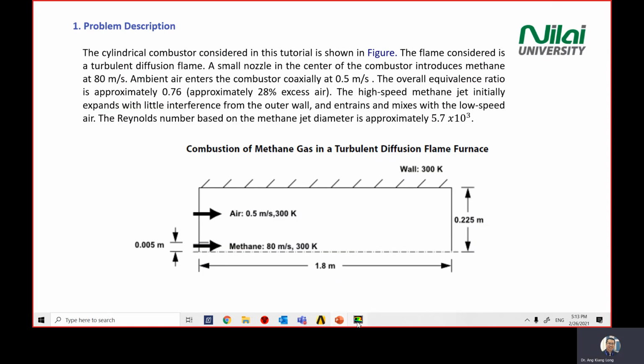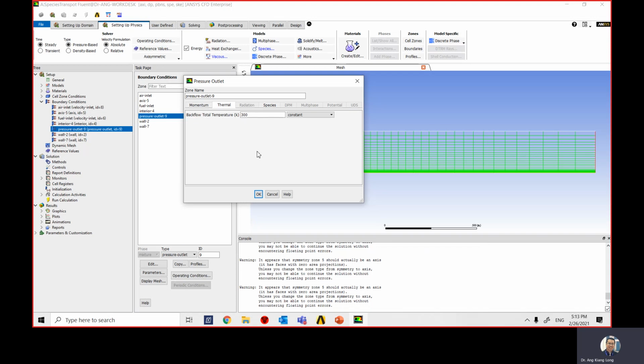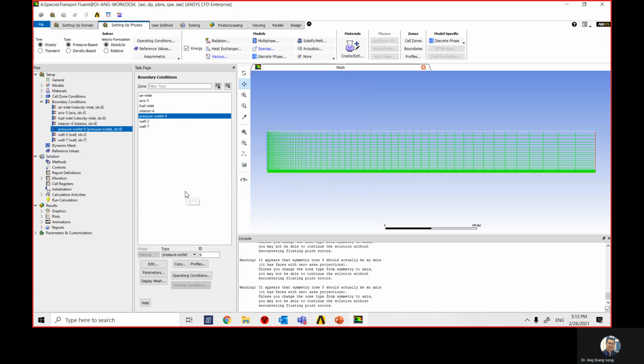And for the species, the oxygen in the atmosphere is 23%, so 0.23 on this side, exposed to atmosphere. So the oxygen mass fraction is 0.23. All right, after that, the pressure outlet is done, so click OK.